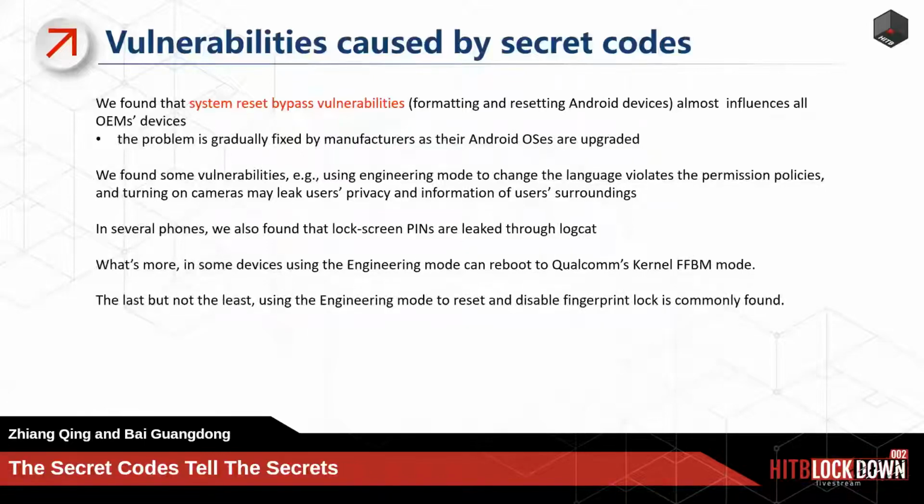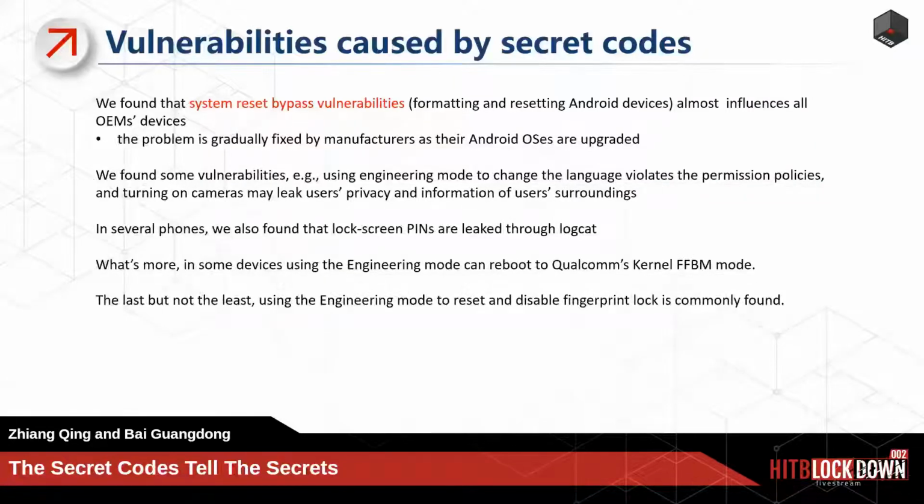The second type of vulnerability is related to using engineering mode to change the language settings, like in the first few slides I introduced. Also, some vulnerabilities allow turning on cameras without the user's authorization. This is very dangerous, right?